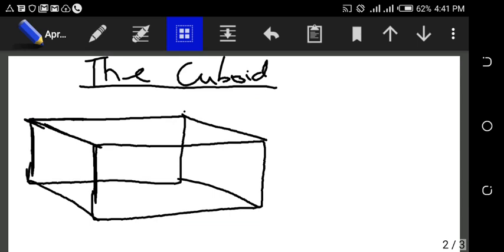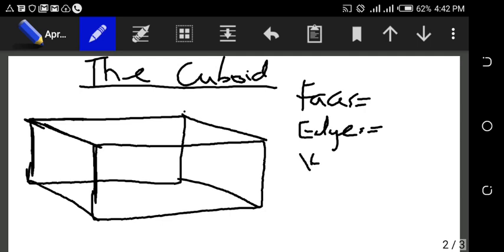Now we're going to consider, still under the same headings, the number of faces it has, the number of edges, the vertices, the volume, and then the surface area.